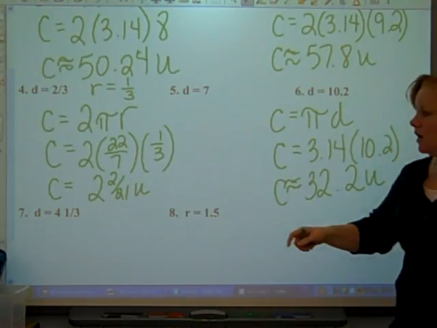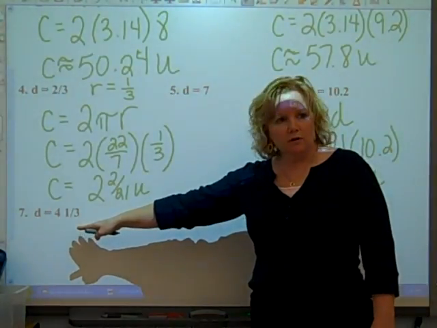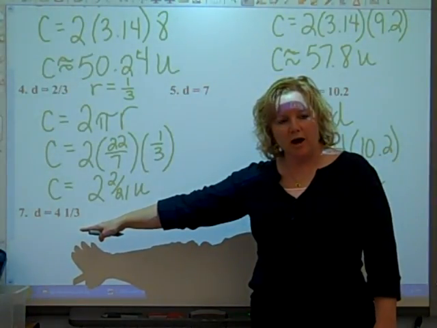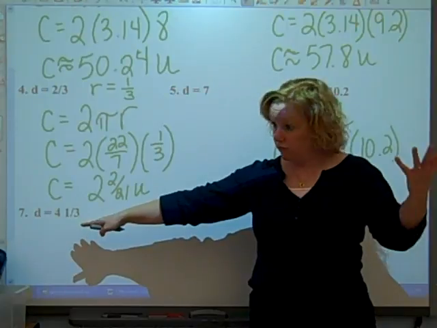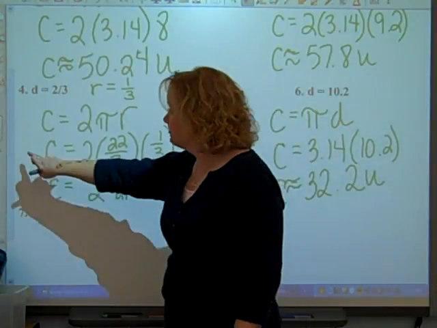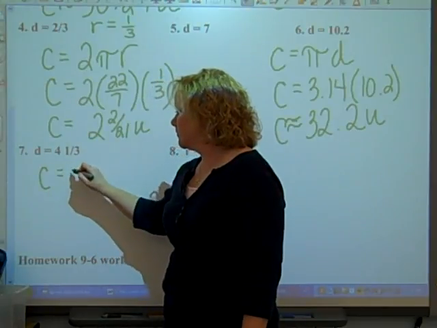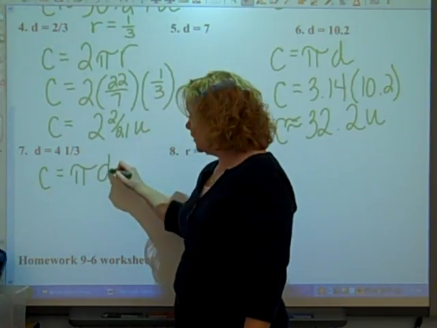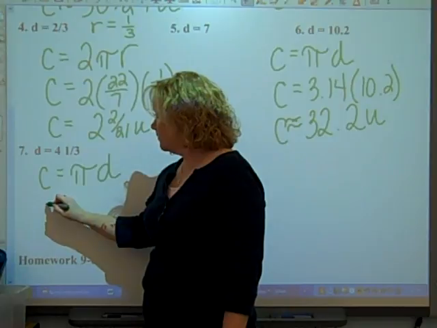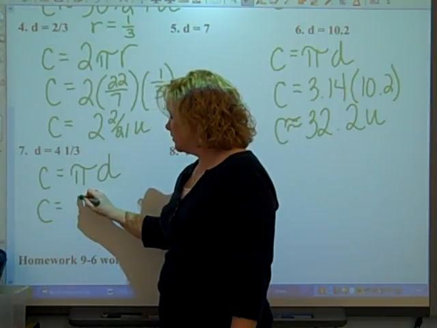Okay? How about number 7? What are you going to use for pi on number 7? 22 over 7. 22 over 7. Do it for me. Megan, did you have a question for me? Yeah. Fine. Okay.